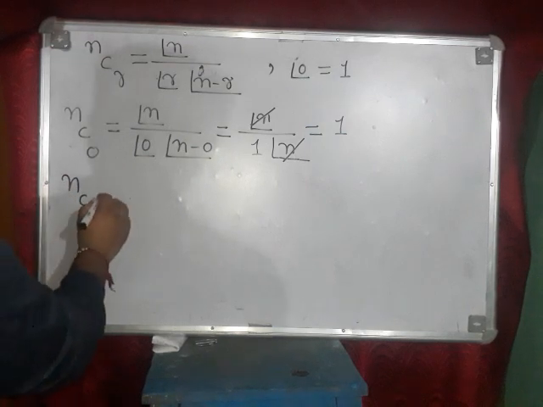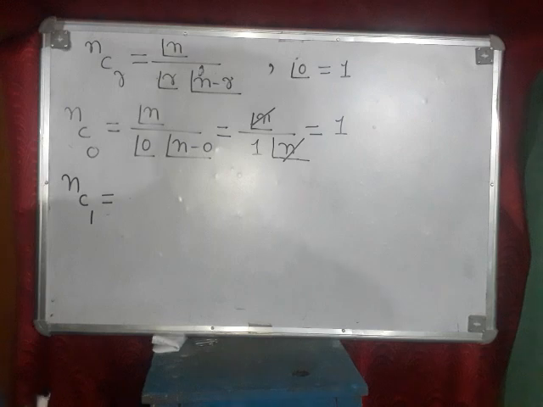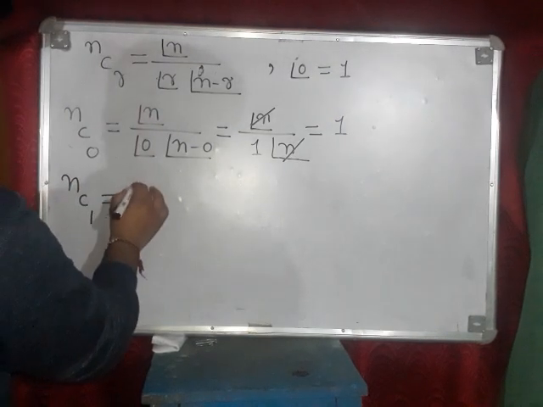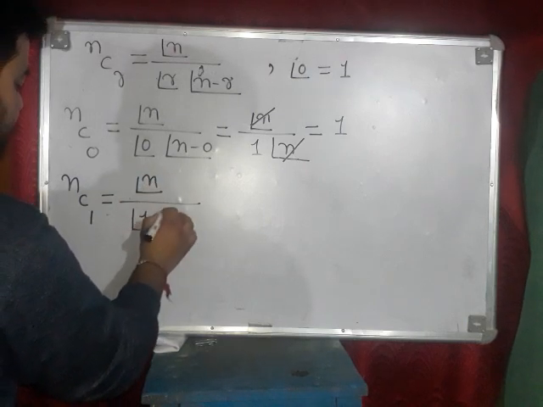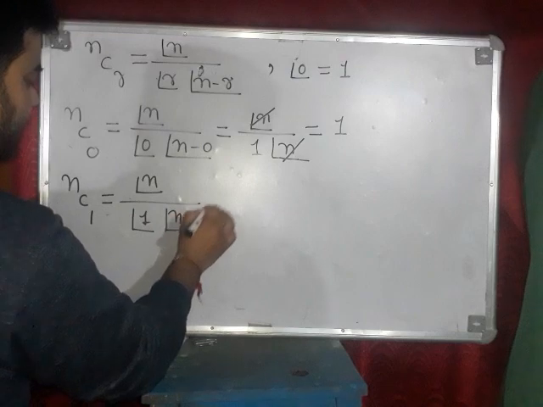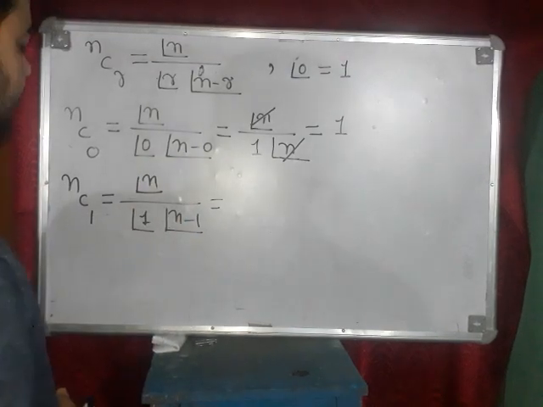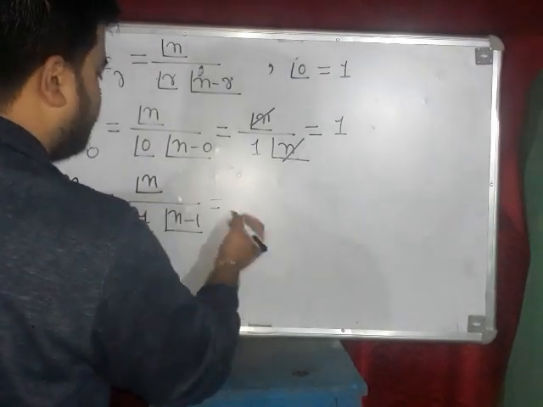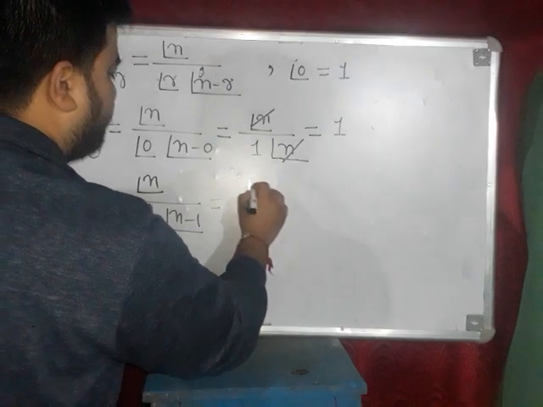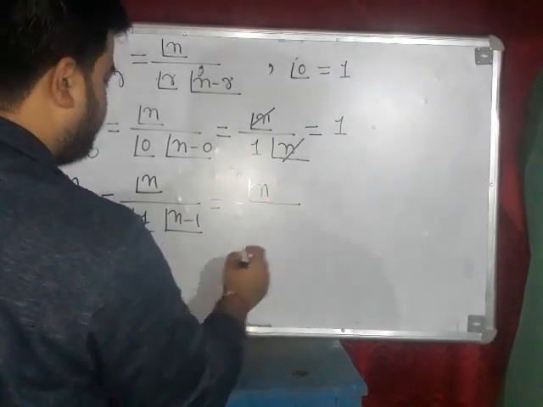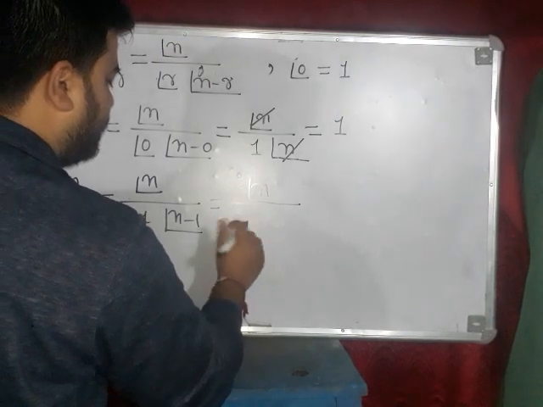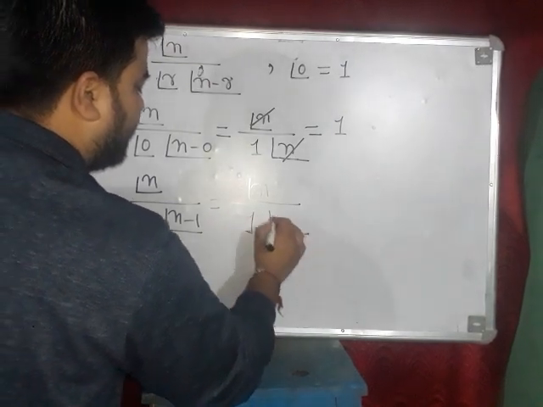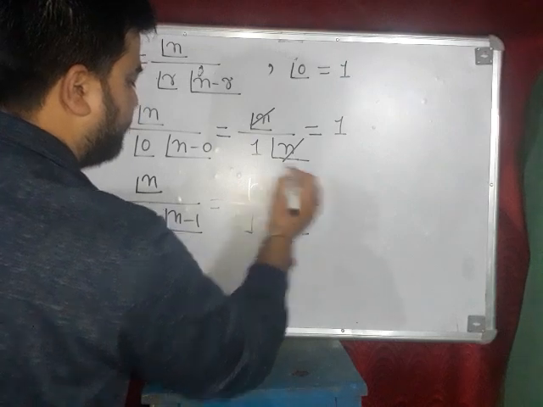Now nC1. What will be the value of nC1? Applying the formula of combination, factorial n upon factorial 1 into factorial n minus 1. In the denominator the value of factorial 1 is 1, into factorial n minus 1.